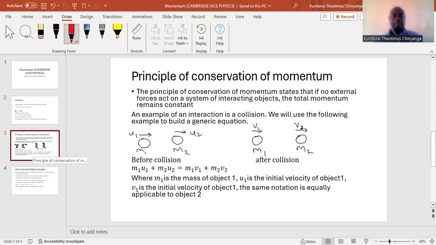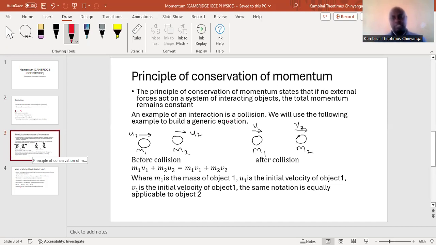Let's go on to the principle of conservation of momentum. The principle of conservation of momentum states that if no external forces act on a system of interacting objects, the total momentum remains constant. An example of an interaction is a collision, and that's what we are going to discuss in this lesson.